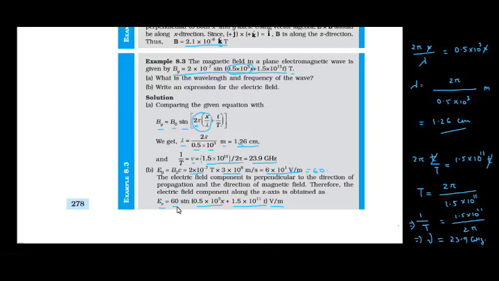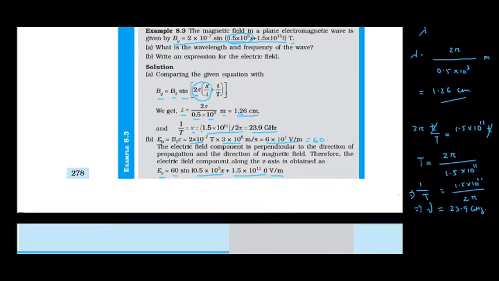E naught we have put the value 60 sine 0.5 into 10 to the power 3x, which came from this equation, and 1 plus 1.5 into 10 to the power 11 t. This also came from this equation, and that's it. Let us move forward.